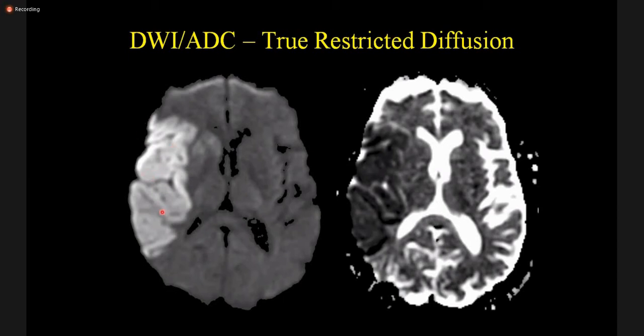Hyperintense means white signal, which appears white on DWI, and that signal is low or hypointense on the ADC. It means there is a true diffusion restriction, and this is seen in acute infarction, hyperacute infarction. So this is a very important sequence in the stroke protocol.